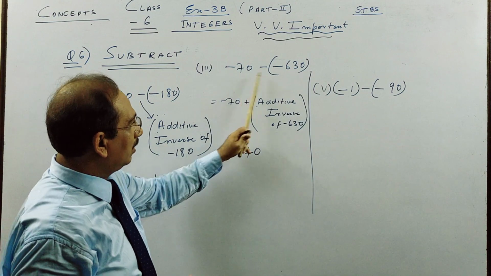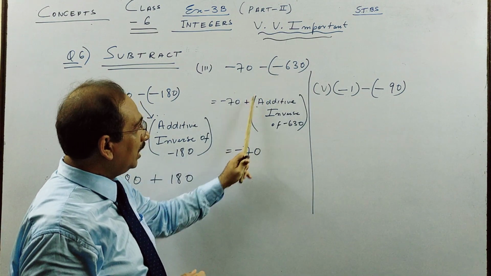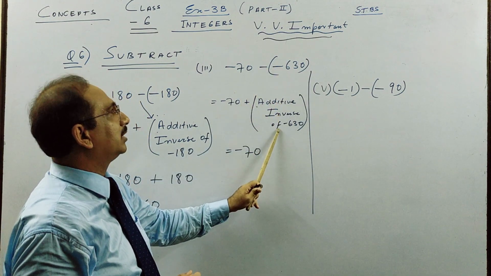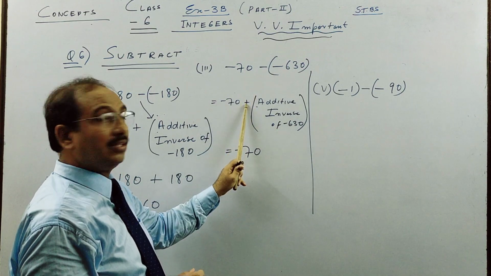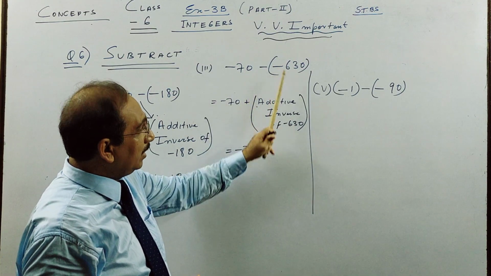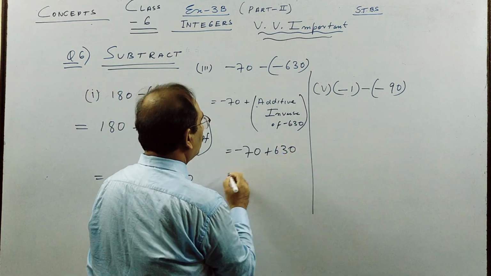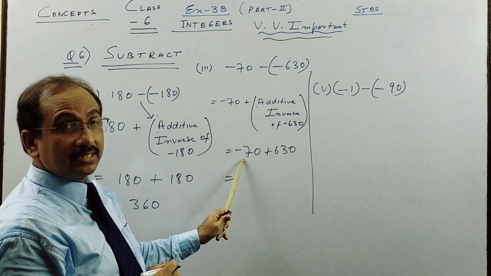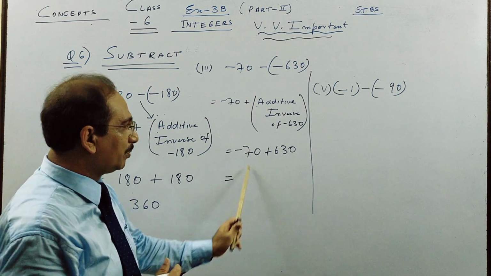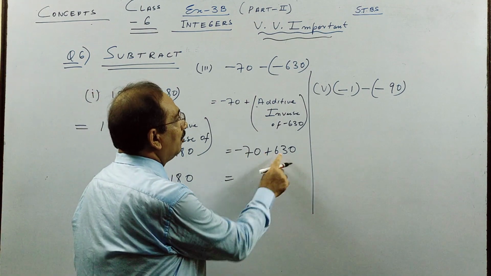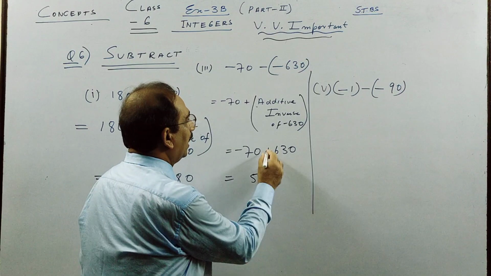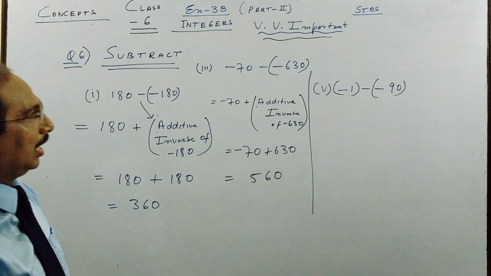So add, once minus becomes plus, then this minus will become plus here. So here we add, and here minus will become plus because we take the additive inverse. Now as I taught you, this is that example, 1 plus 1 minus, subtract the smaller from the larger and put the sign of the larger.